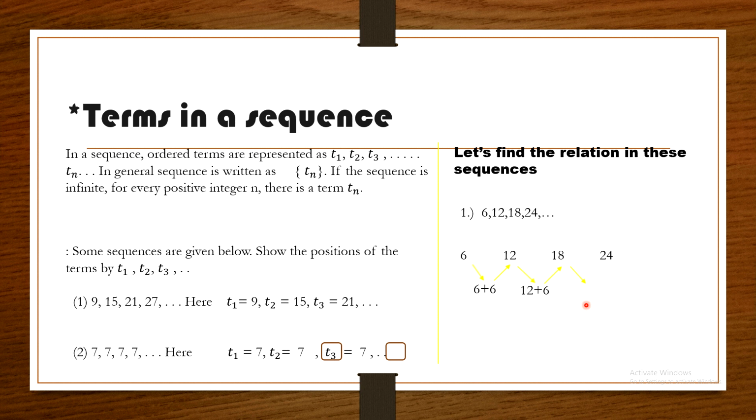Now by adding 6 to 18 we get 24. By adding 6 to 24 we get 30. And by adding 6 to 30 we get 36 and so on. So here we can find a relation between the terms of the sequence.